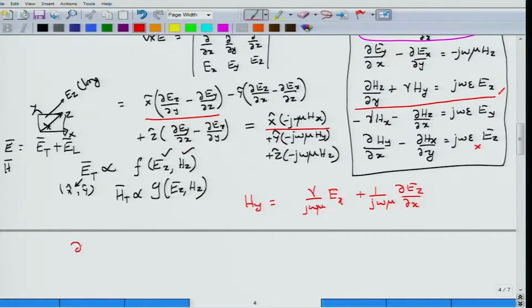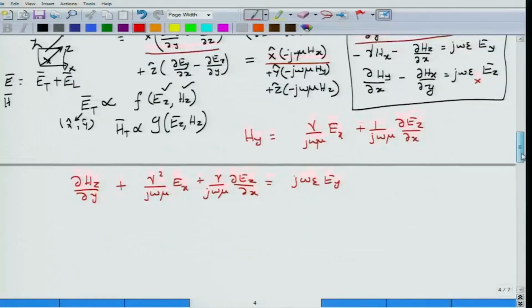So what do I get? I have del Hz by del y, that hasn't changed, plus gamma square by j omega mu Ex plus gamma by j omega mu del Ez by del x must be equal to j omega epsilon Ex.